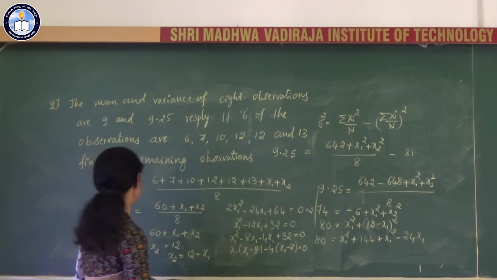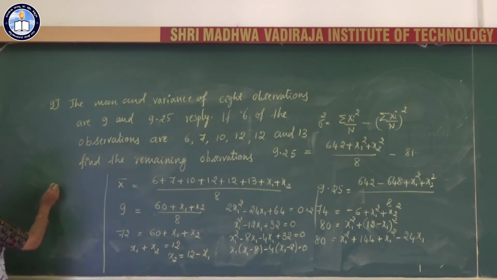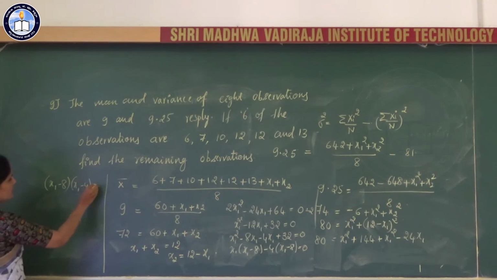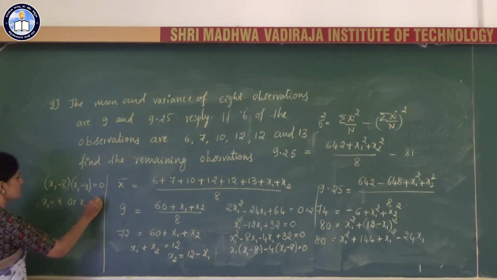Therefore, what are the factors? I will write it here. You must write one below the other. Don't write in this hodgepodge way. Okay. x1 minus 8, x1 minus 4 is equal to 0 by inspection. You may write the value of x1 as 8 or the value of x1 is equal to 4.